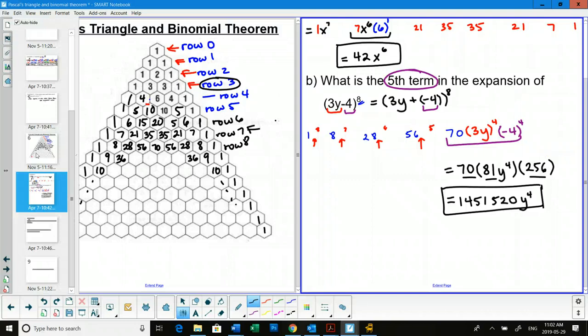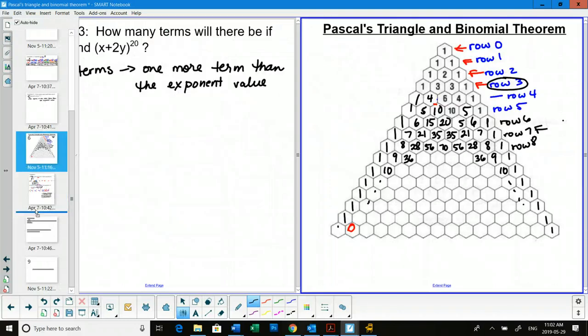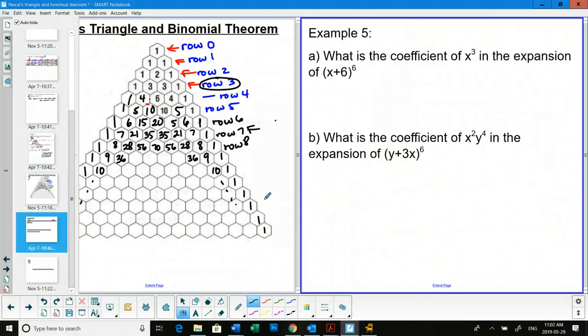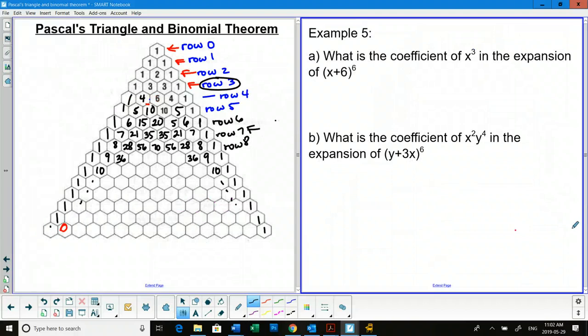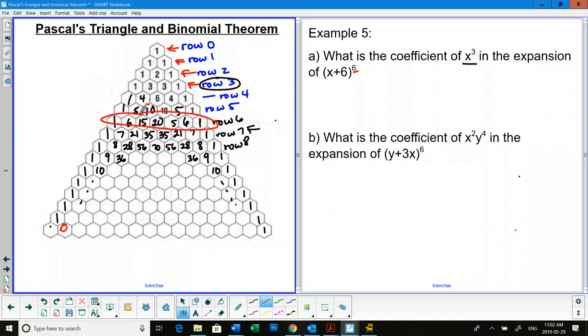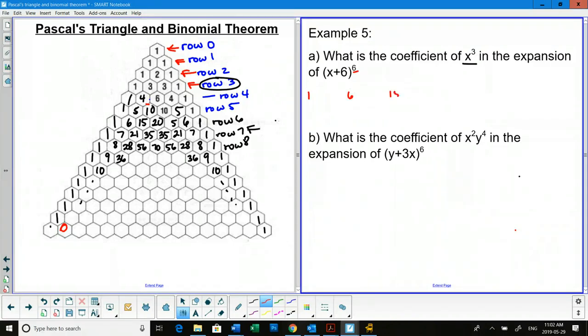And then the other type of question that you might approach is this type of question where it just asks for the coefficient of a particular term. So it's asking for the coefficient that falls on the x cubed term. So for this one, because we're expanding to the exponent 6, I'm going to use this row. So 1, 6, 15, 20.